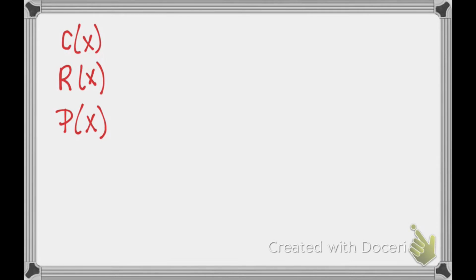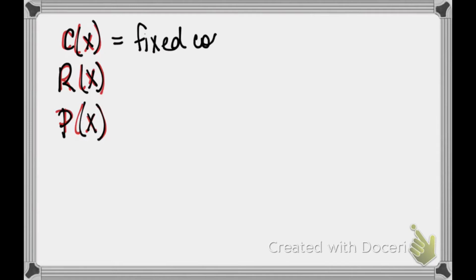Okay, so let's just talk about cost functions, revenue functions, and profit functions. Before I go into actual algebra, let me go over that you could actually have fixed costs and variable costs.